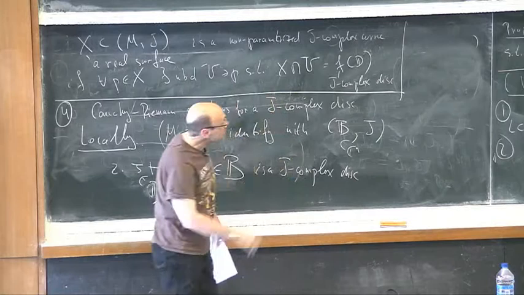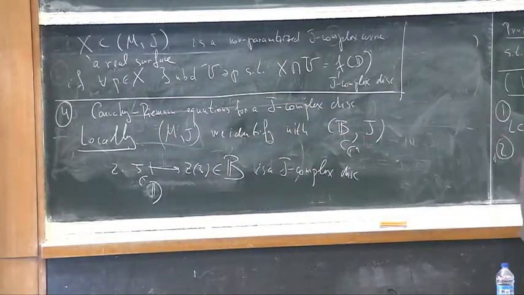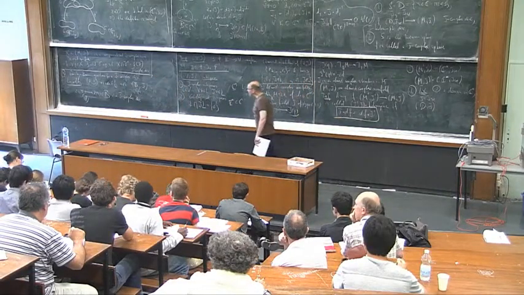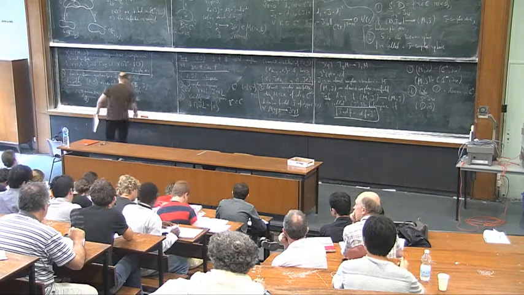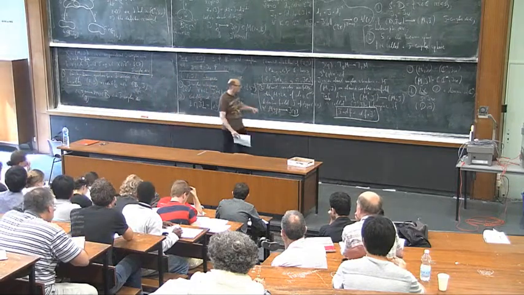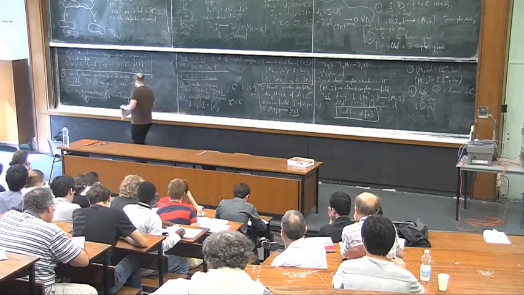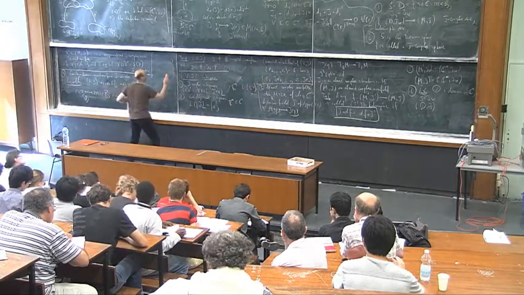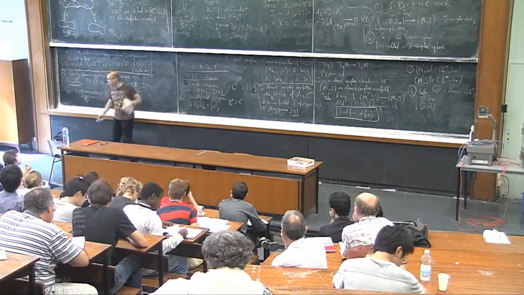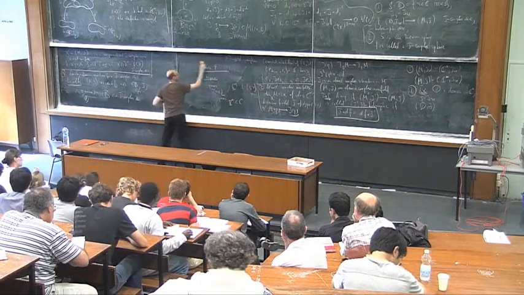So it satisfies this canonical definition, in fact. Well, now a direct computation in coordinates, which uses this property of the almost complex structure, and I leave it as an exercise, shows that the fact that this map is J-complex is equivalent to the following system of PDE equations.